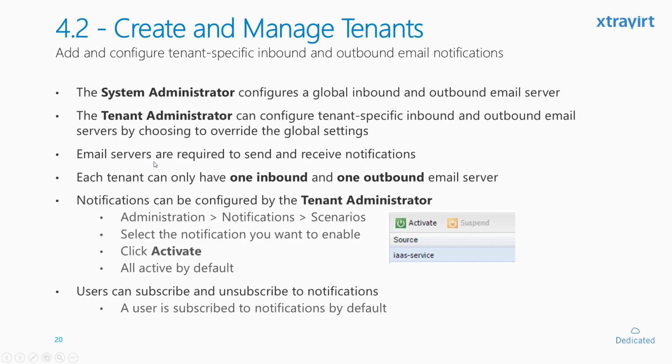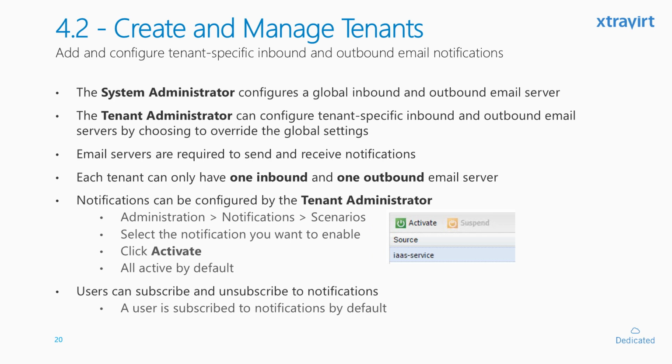Cool. So we're going to be jumping pretty much straight back into a lab, but the next topic is add and configure tenant-specific inbound and outbound email notifications. So the system administrator, again, configures global inbound and outbound email servers.